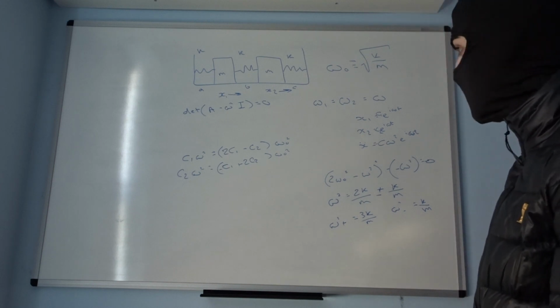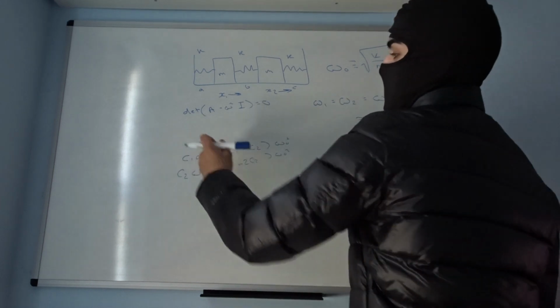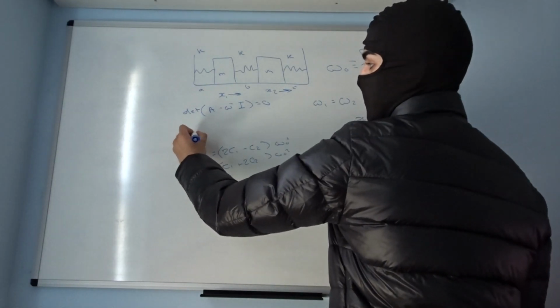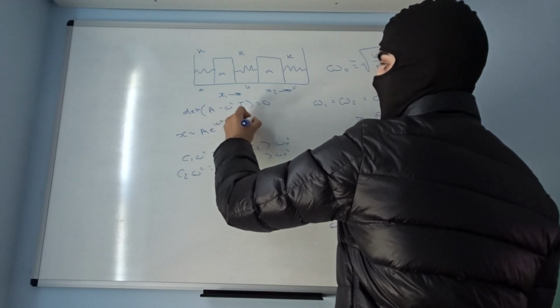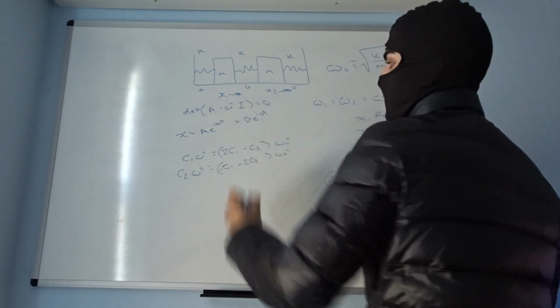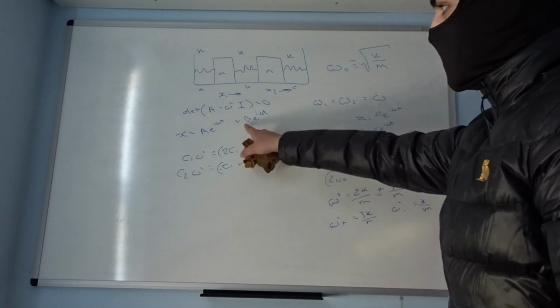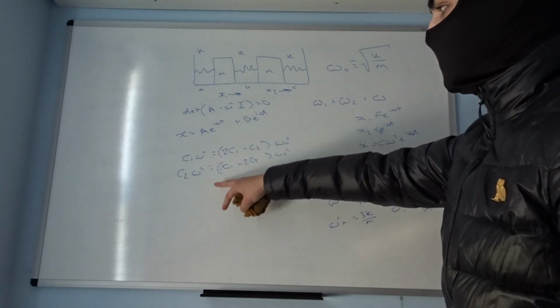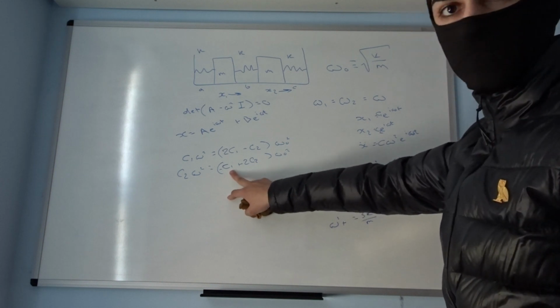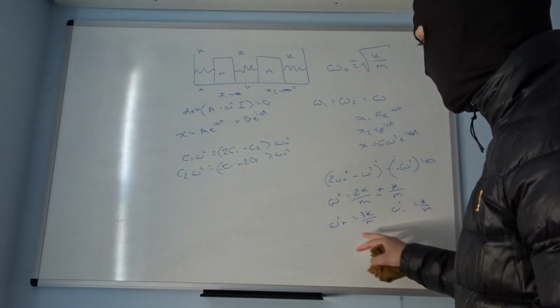Now we can start to build our general solution. For a second order differential equation, we usually want it in the form of A e^(i omega t) plus B e^(-i omega t). Okay, so let's get the C's, the constants, in terms of each other by subbing it in.